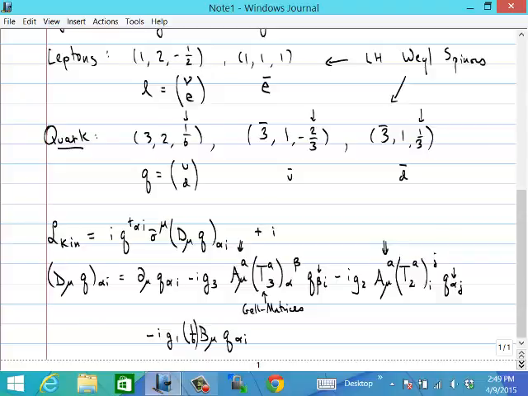So for example, you have the up field, the anti-up field, so that we get u bar sigma bar mu d mu u bar alpha, along with a similar thing for the down quark.